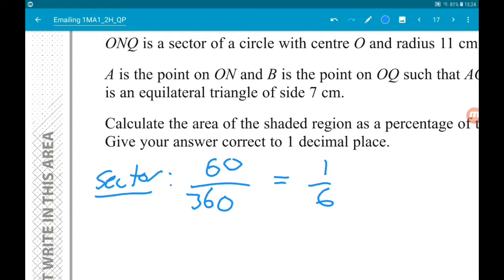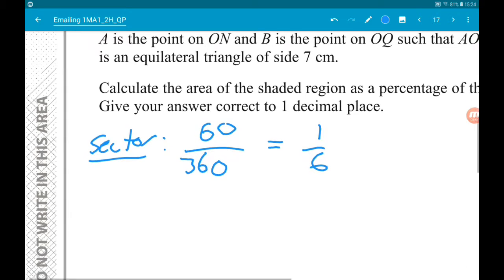Now, the formula for the area of a circle, and if you haven't yet, make sure you check out my formula video down below, where you can also get a printable PDF of all the formulas that you need. So the area of a circle is pi times the radius squared.